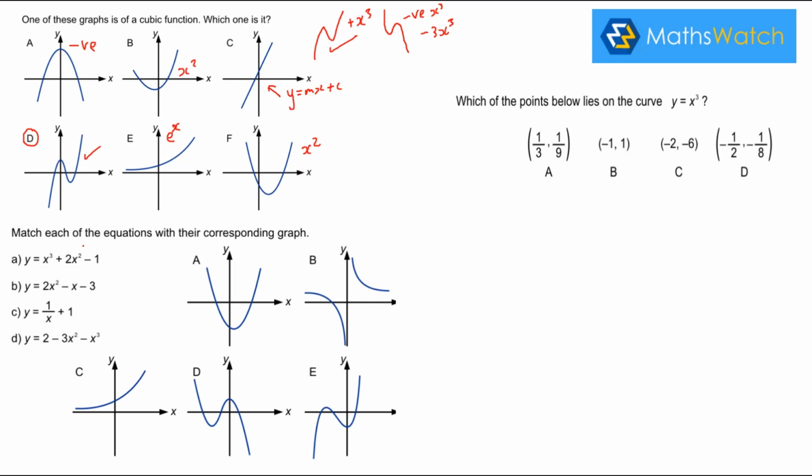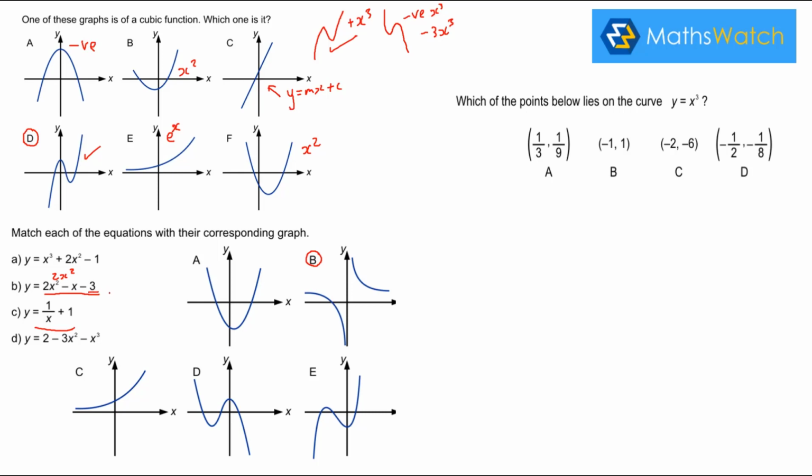Now, this one, match each of the equations with their corresponding graph. Well, we haven't done this yet. That's for later. I'm going to tell you that is B. That's a reciprocal type graph. So let's see. Can you see the highest power here, and it's positive, is the 2x squared?